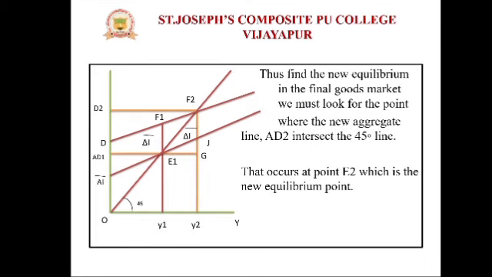Thus, we find the new equilibrium in the final goods market. We must look for the point where the new aggregate demand line, AD2, intersects the 45-degree line.